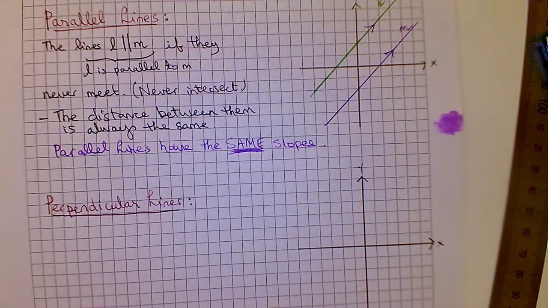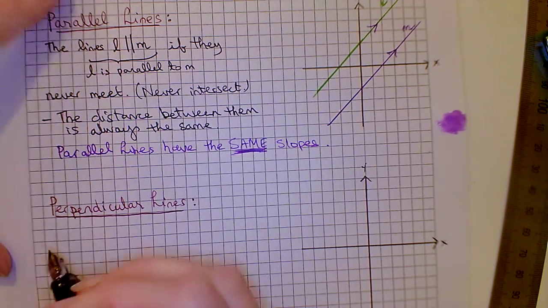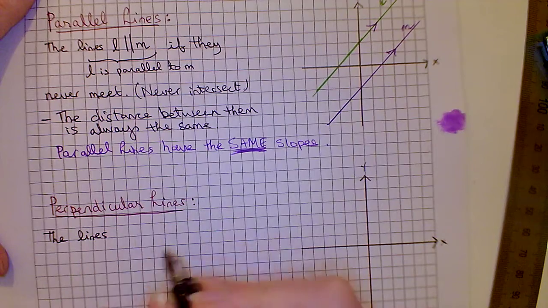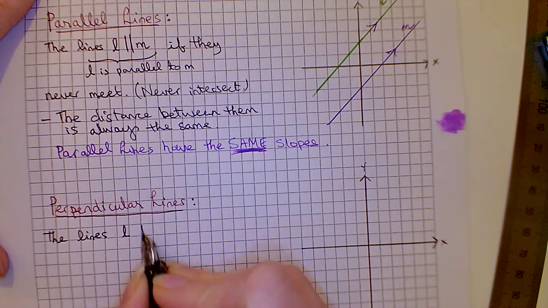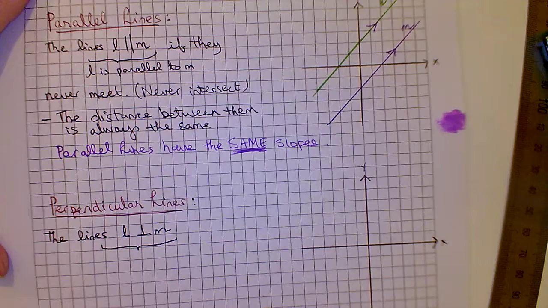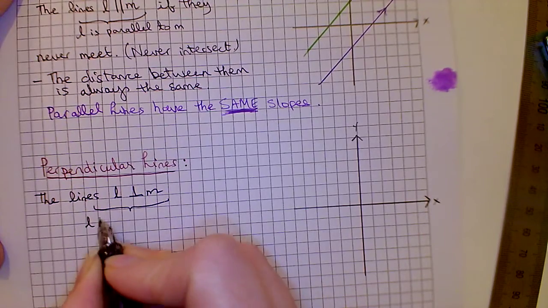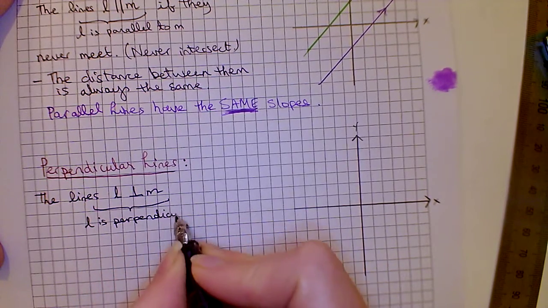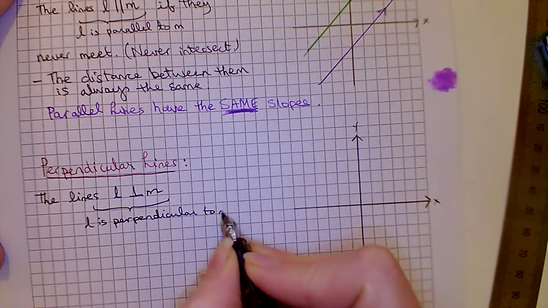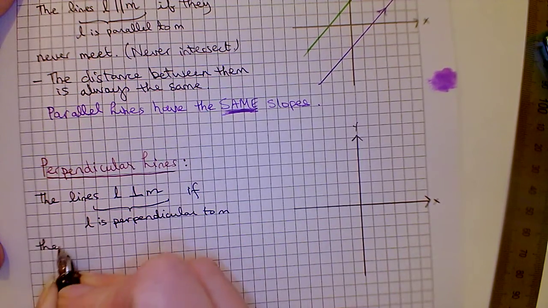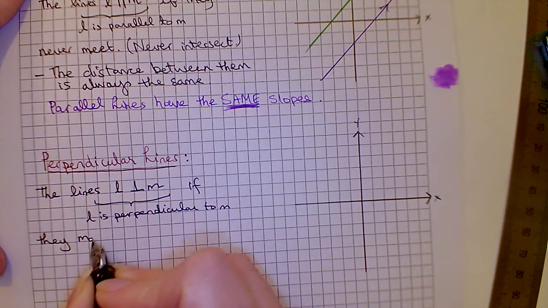So again, from geometry, what is our definition? We say that the lines L and M are perpendicular. So this upside down T symbol, L is perpendicular to M if they make a right angle where they intersect.